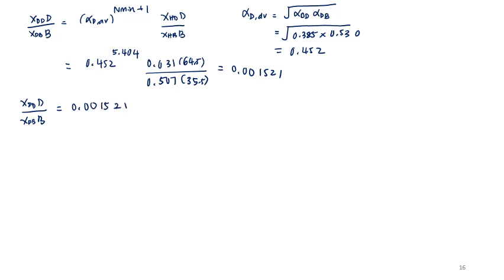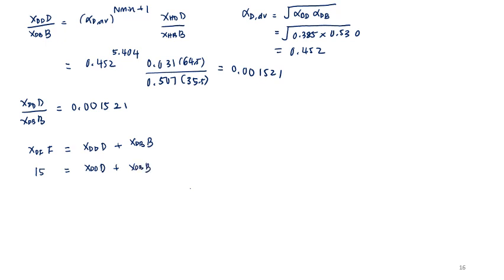Then from the component balance of D, x_D in the feed times F equals x_DD D plus x_DB B. You know there are 15 moles per hour in the feed, equal to x_DD D plus x_DB B.